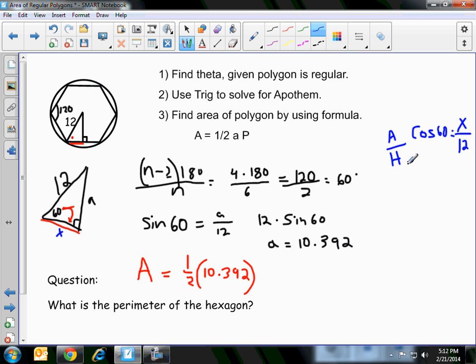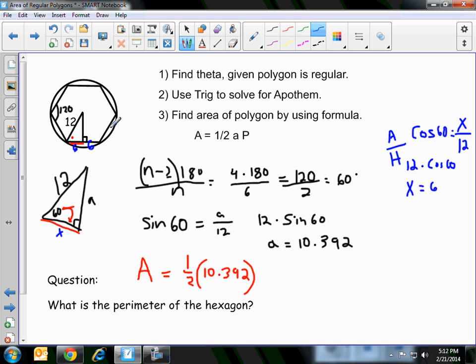Using the calculator, 12 times the cosine of 60 is equal to x. So I'm going to type that in. 12 times the cosine of 60 degrees is a whole number, 6.